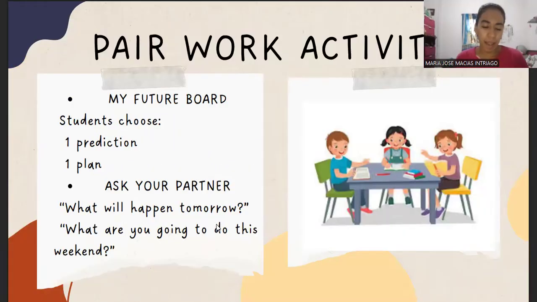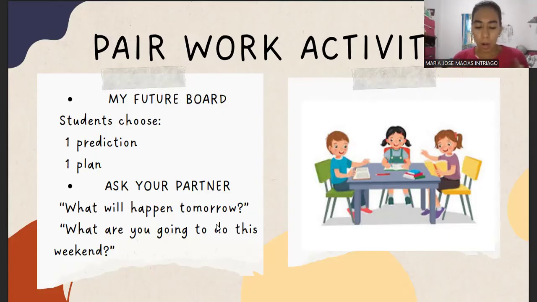In the production stage, the students work on an activity called My Future Week. This shows predictions and personal plans. Then the teacher asks questions like, what will happen tomorrow?